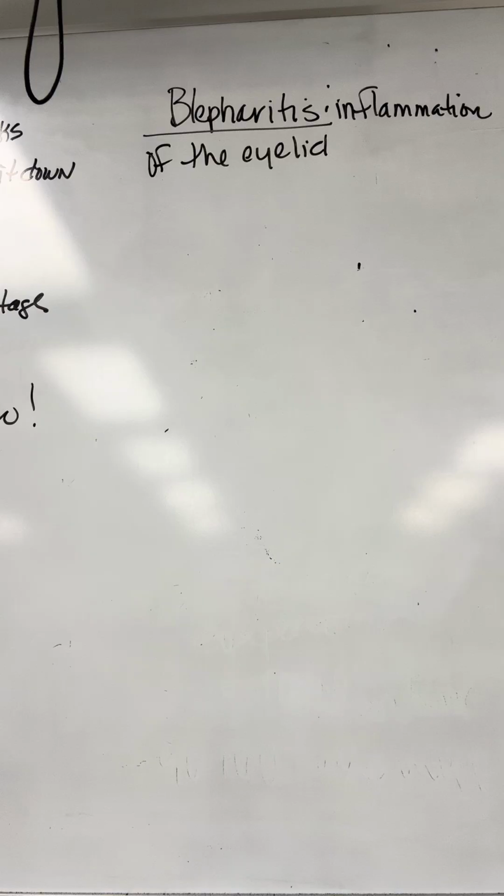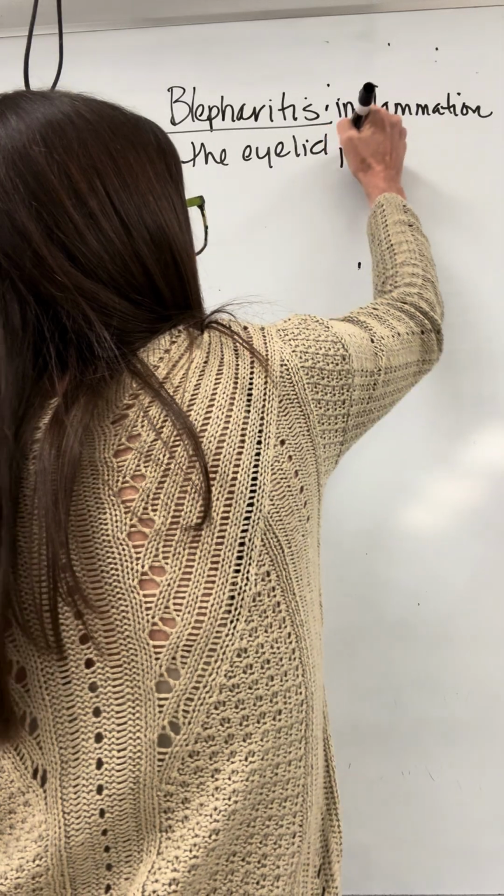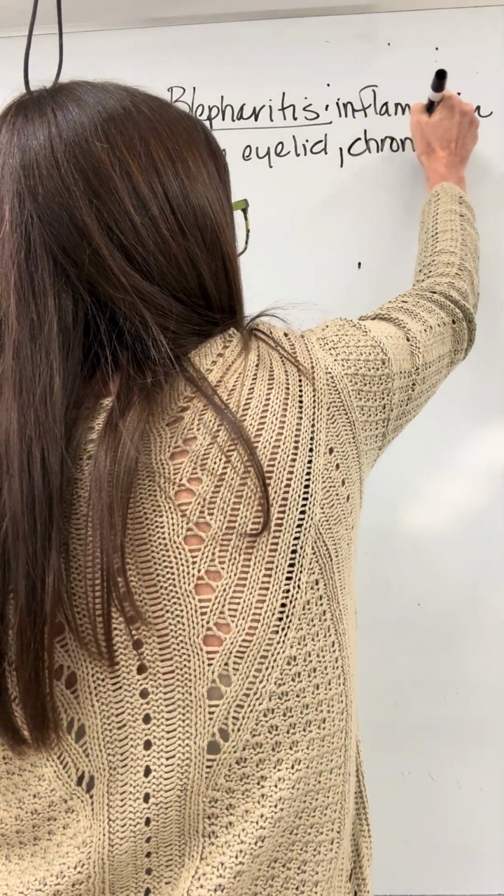So that might be a good question to ask someone. When you get up in the morning, do you have a lot of crusting and flaking in your eyelashes? Because people might not even know they have this kind of thing. Like, who goes to the doctor and gets diagnosed with blepharitis? I don't know, maybe somebody, right? But this is chronic, which means it's what? Never goes away. It's there all the time.